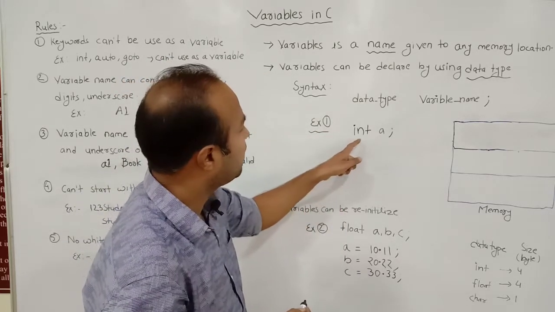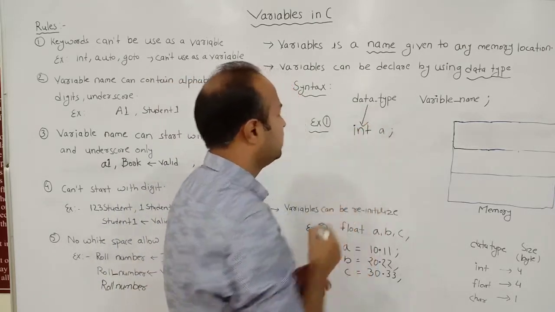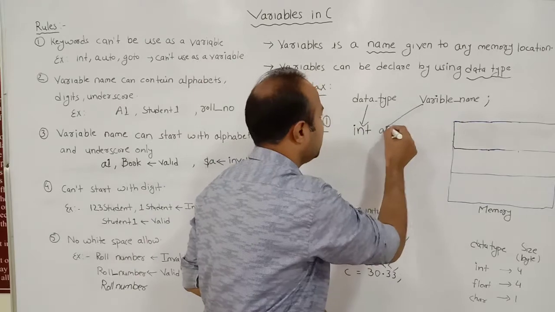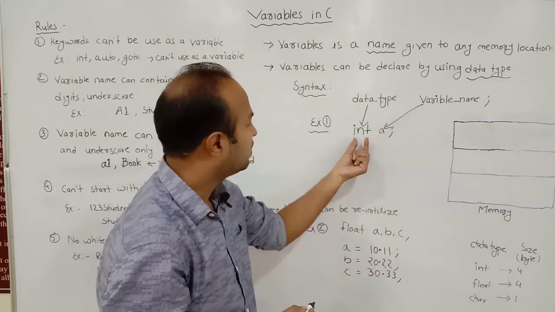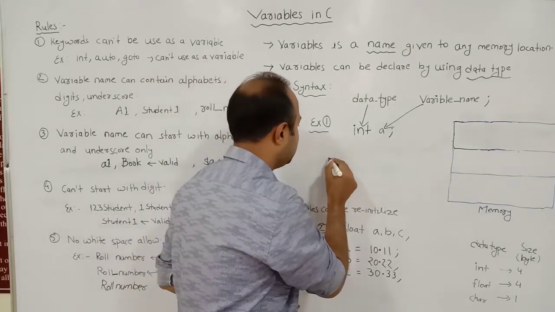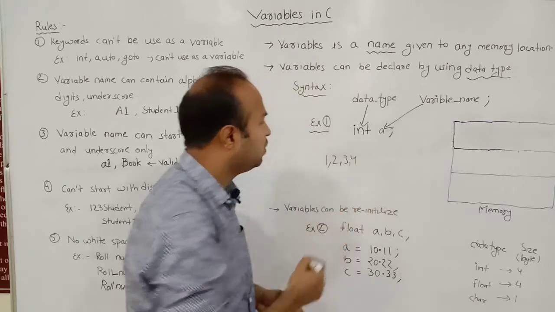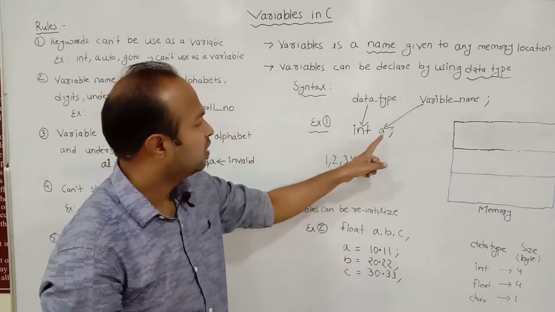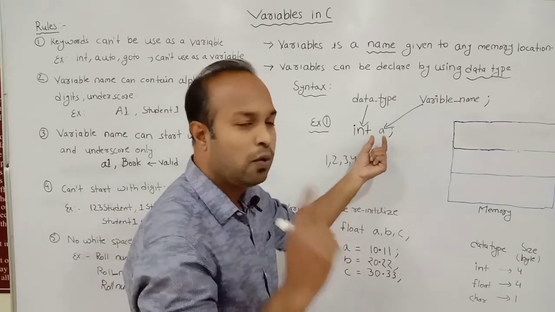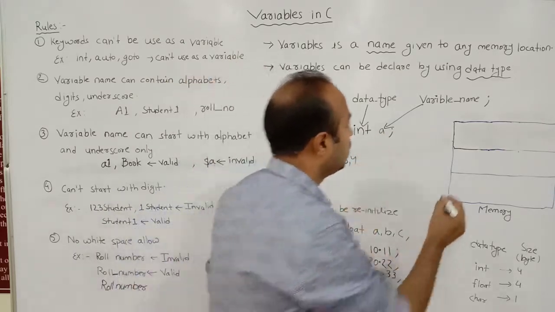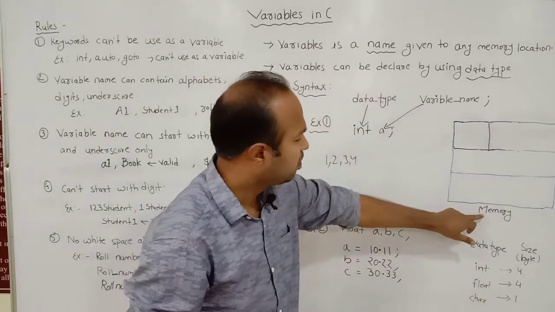Here is example 1. Here we have declared a variable a, where int is the data type and a is the variable. int denotes the integer data type, meaning 1, 2, 3, 4 are examples of integer data. Here we have used one variable, therefore one memory block will be occupied in memory.